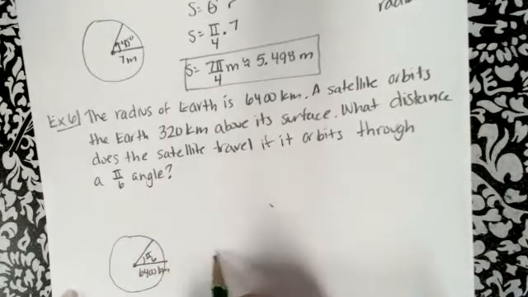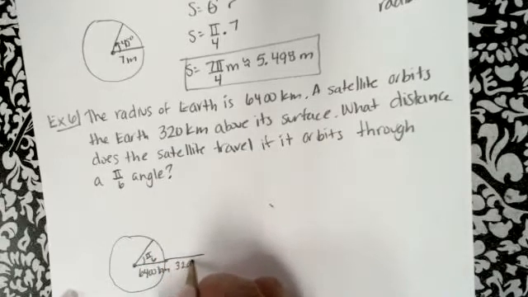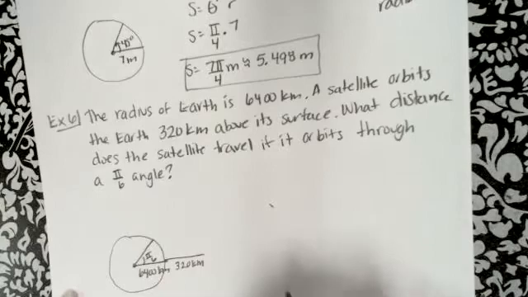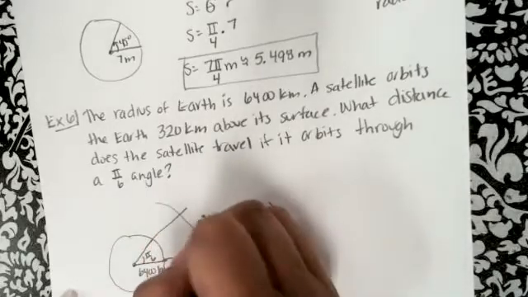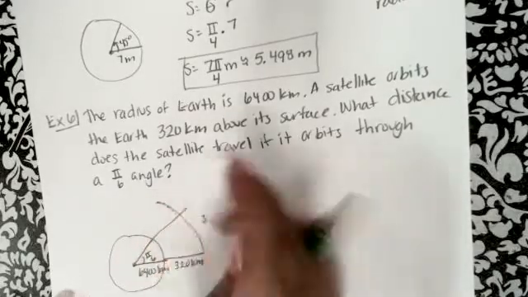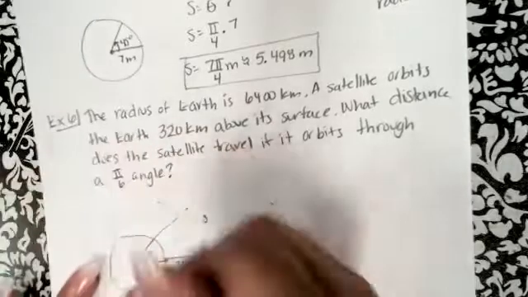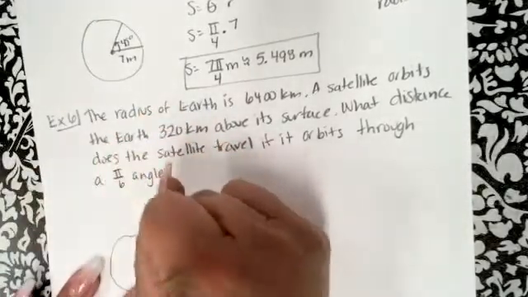Now above the Earth, it's going to be another 320. And now the satellite's orbiting around it. Let's draw that with dashed lines. This is the satellite.